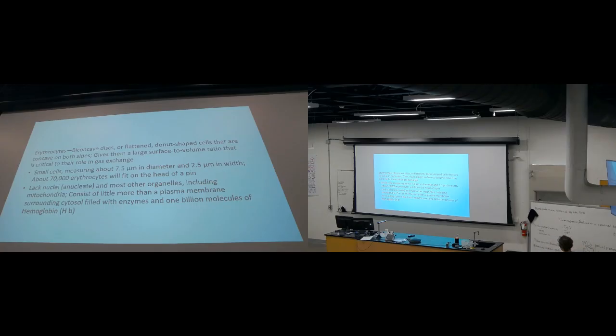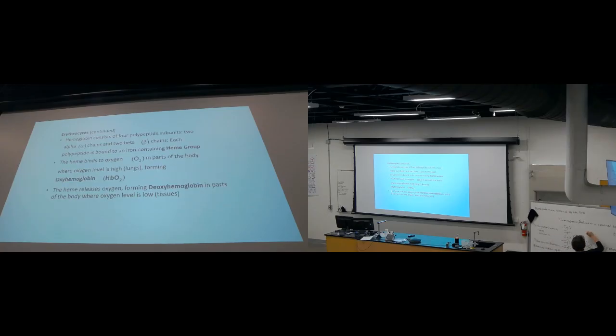So if you see these erythrocytes sideways, it will look like this. From here to here, they measure 7.5 micrometers, and in here is 2.5.